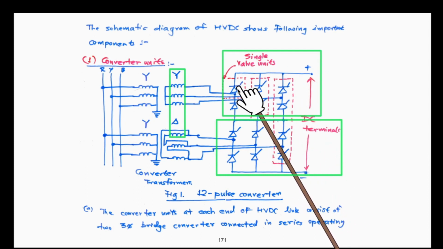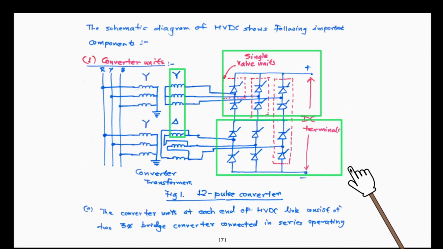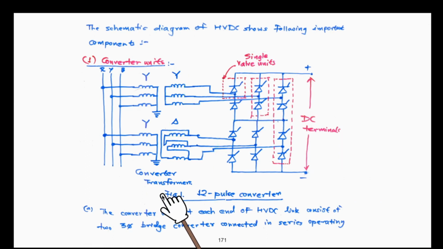So generally a single three-phase unit can provide 6 pulse operation. If you remember, the pulse number actually represents the number of output pulses available per cycle of input AC. Okay, the higher the number of pulses, the better is the quality of the waveform, and better is the output DC voltage and corresponding current. Okay, so please note that most of the practical converters that are being used are 12 pulse converters.